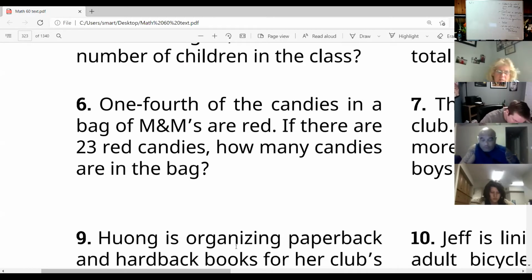How many candies? Again, kind of looking for a total, right? How many candies are what you're looking for? Choose a variable. Maybe you like C for candy or something like that.